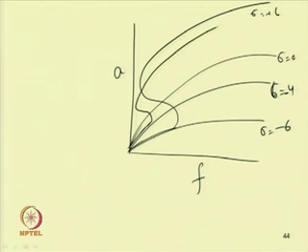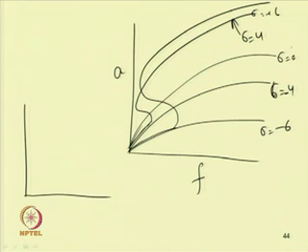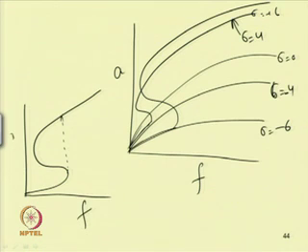So, this corresponds to sigma equal to +4. For positive values of sigma, the forcing response curve will look like this. In this case one can clearly observe a jump phenomenon. So, this is the forcing parameter and A.